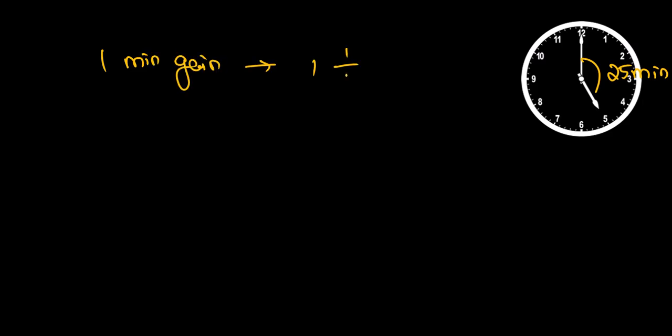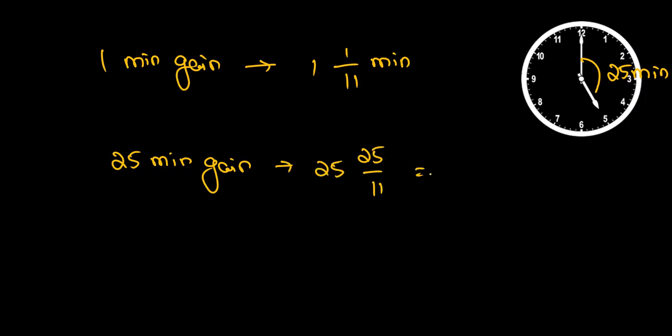This is only for your future reference. You can write it in the book. But in exam, all this is not required. Directly 25 minutes gain, 25 by 11, which is 27, 3 by 11. Yes or no? So answer 5:27, 3 by 11.